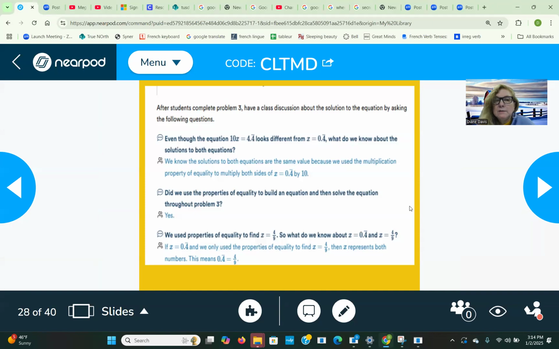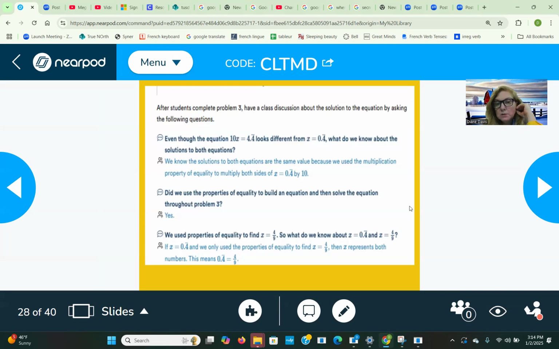Okay, so after students complete problem 3, have a class discussion about the solution to the equation by asking the following questions. Even though the equation 10x equals 4.4 looks different from x equals 0.4, what do we know about the solutions to both equations?